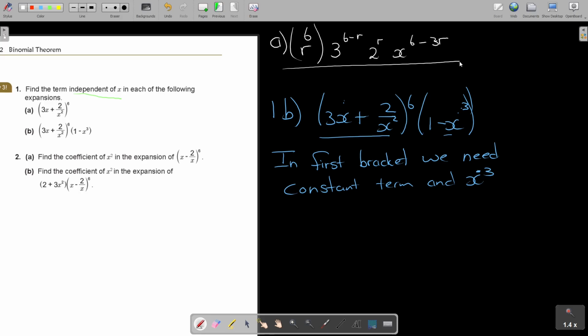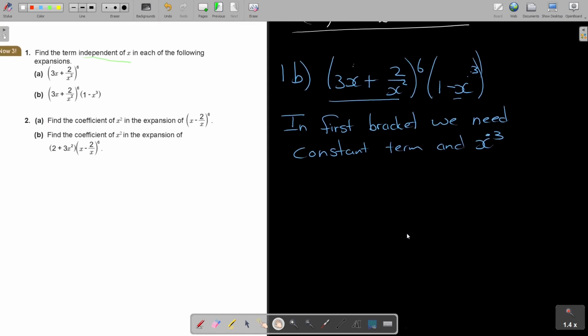I need that, because now I'm going to look for the term containing x to the power of negative 3, so we equate.